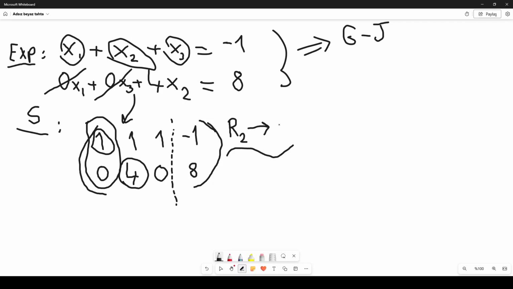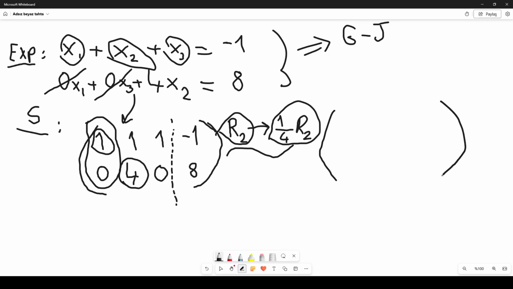So if I multiply the second row by 1/4 and replace the row R2 by its equivalent 1/4 R2, then we found this matrix.